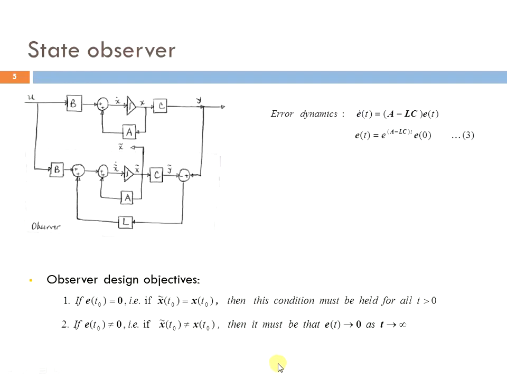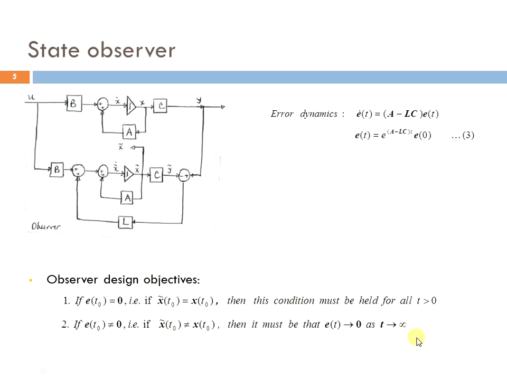And from our discussion of the state vector trajectory, we know that this defines an asymptotically stable system. An asymptotically stable system is one where the state approaches 0 as time approaches infinity.